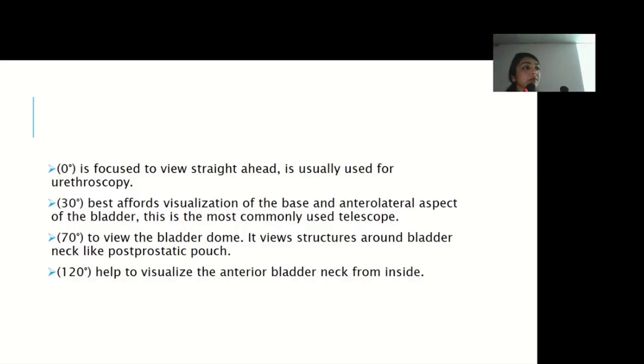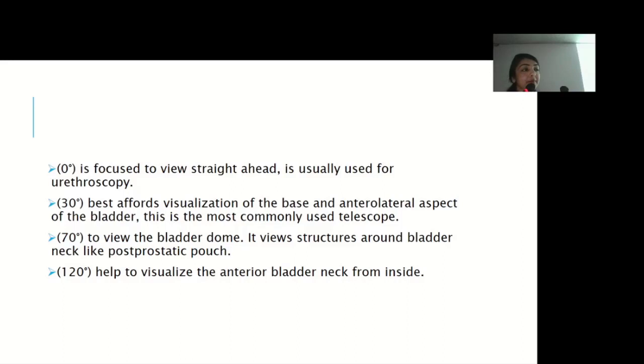If you have a 30 degree lens and your instrument is straight, which means 180 degrees, then you have to rotate to the left or right, up or down, and this will give you not just the posterior wall but all 4 walls. So intelligent use of the cystoscope and lenses will give you a better picture of the bladder.